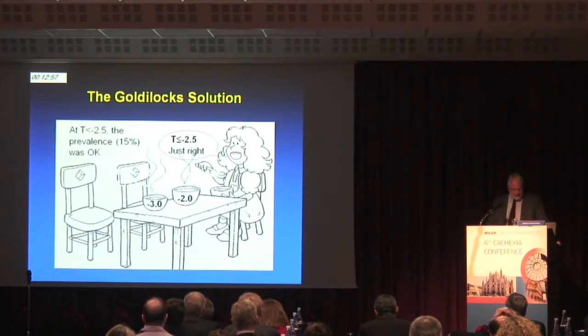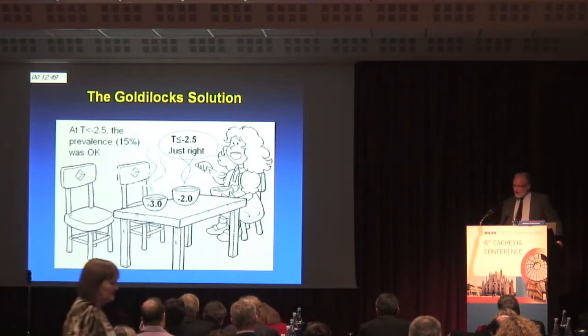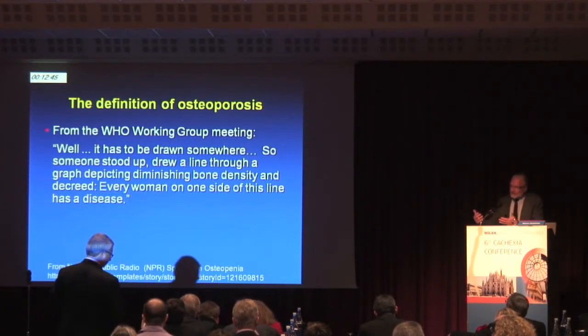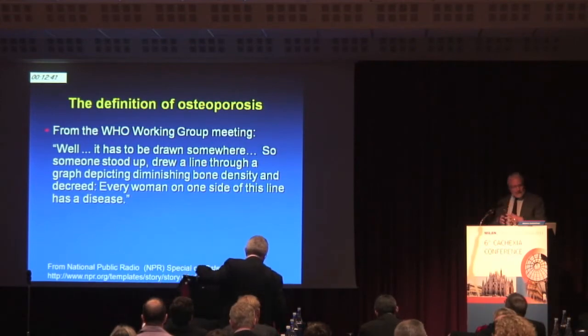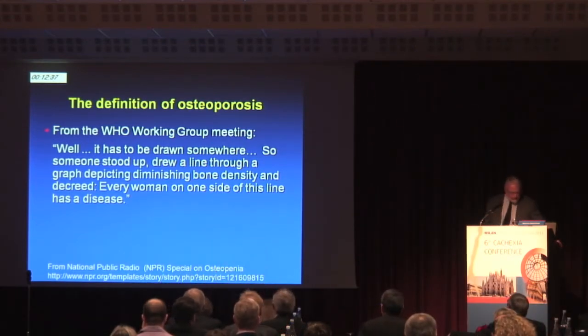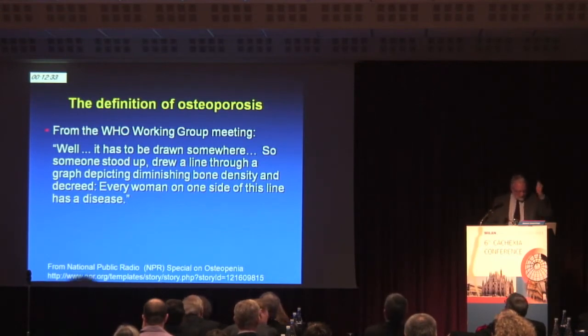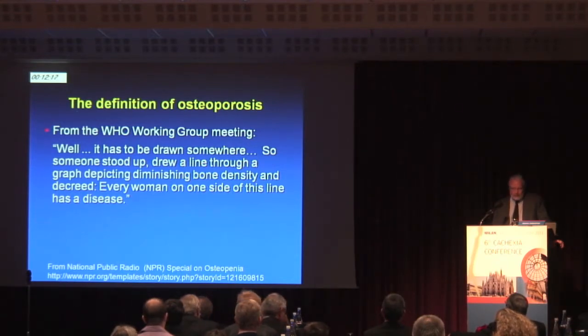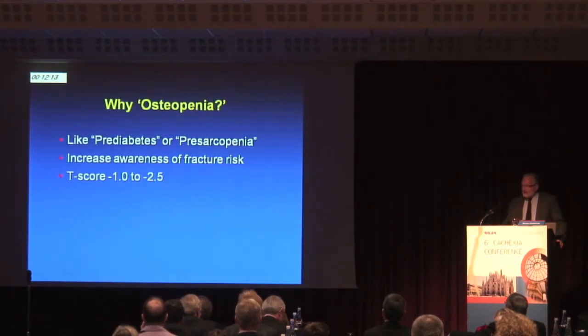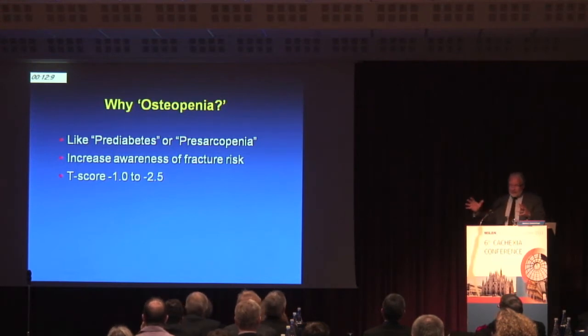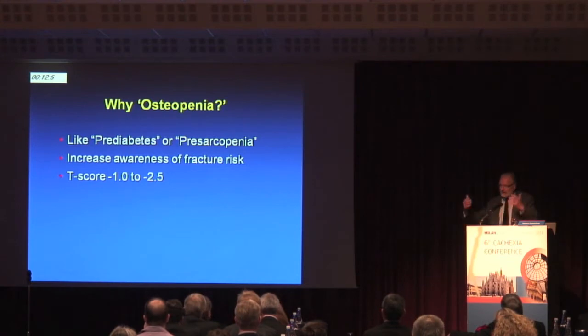At -2.5, things were just right because the prevalence of 15% was fine. ... score between -1 and -2.5.